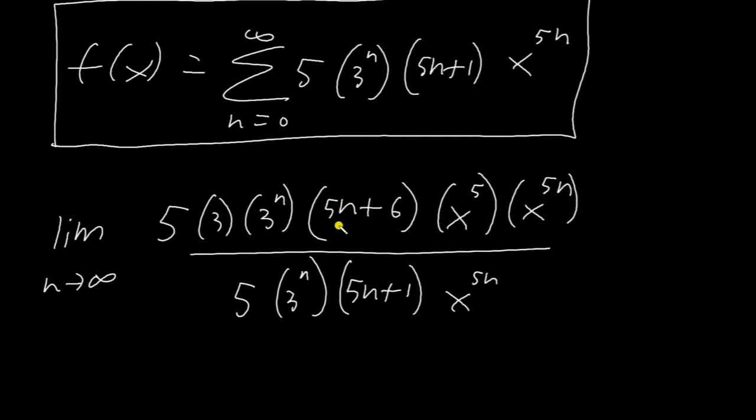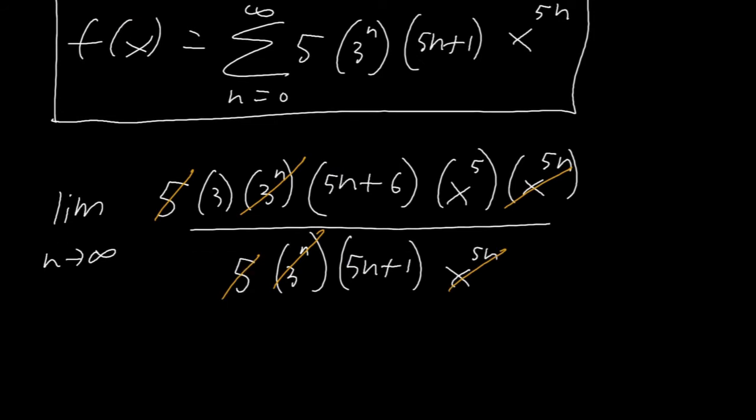So the reason I made the numerator look like this, instead of just leaving it as n plus 1, 5n plus 1, etc., is that now everything here is going to cancel. So this 5 here cancels, this 3 to the n cancels, this x to the 5n cancels.